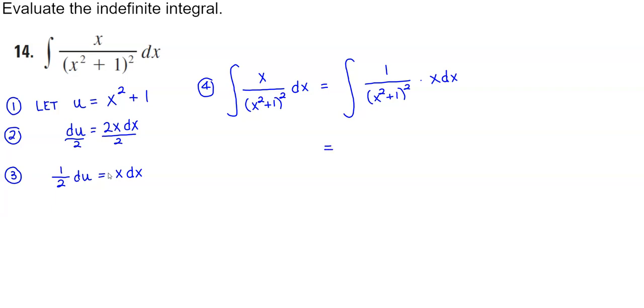Okay, and now let's go ahead and use our substitution. So this is 1 over, well, we know that x squared plus 1 we let equal u. So this is 1 over u squared times x dx, which we can see here is 1/2 du.